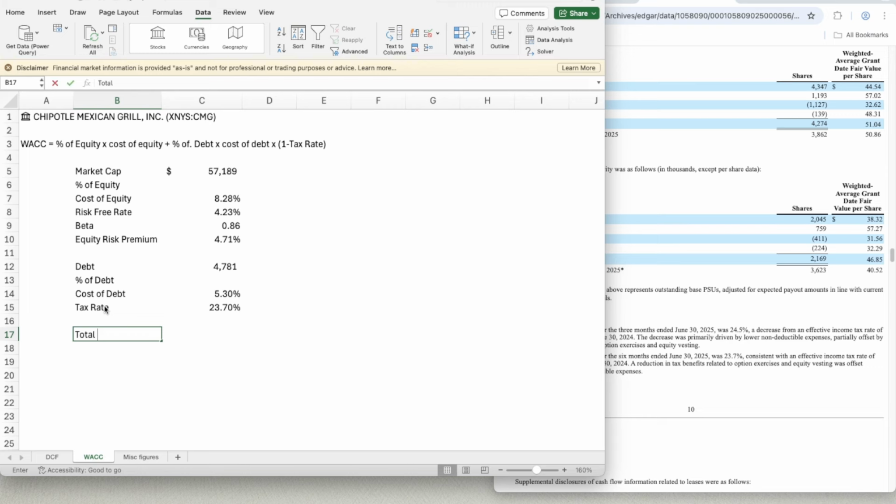And so the total, when you add in the market cap plus debt, is just under $62 billion.